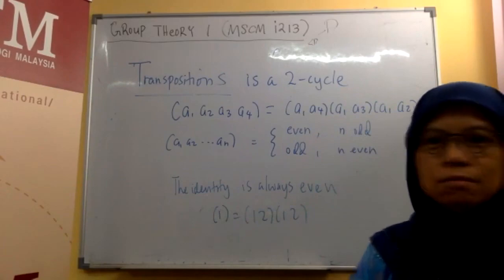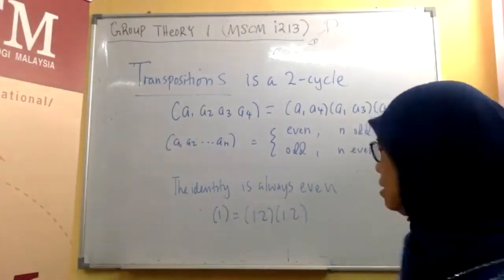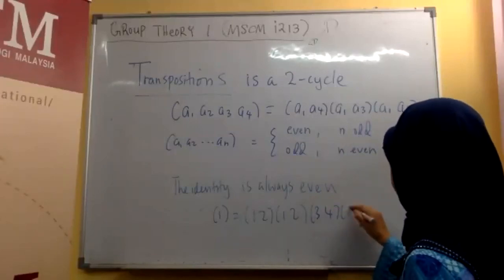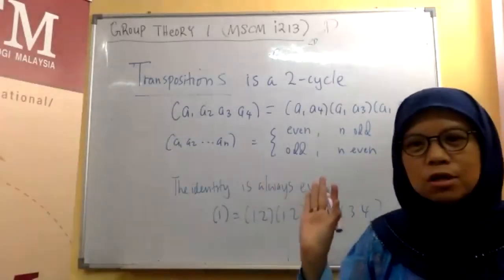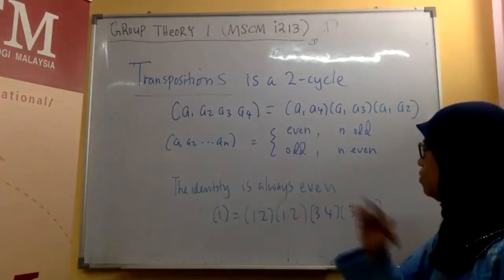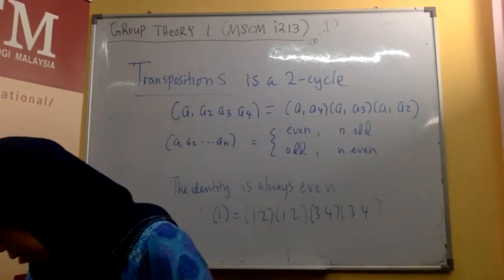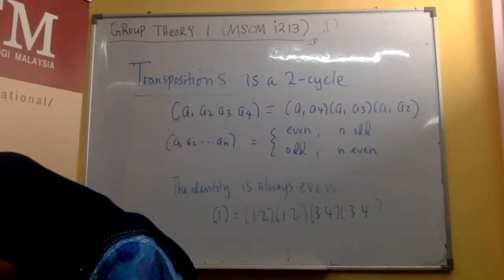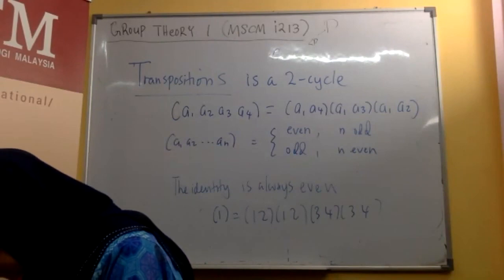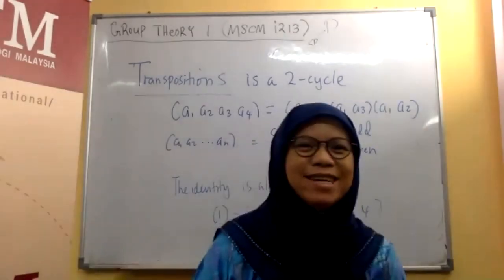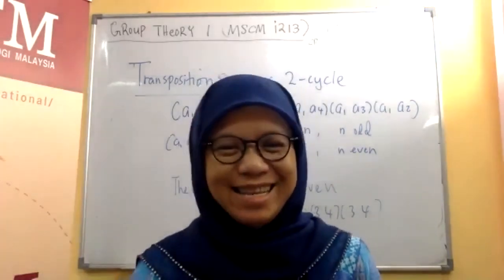Because you can write it as this, or any 2 you multiply. Or you can even write it longer, as long as it is an even number of transpositions. So we are almost done, less than 1 minute.